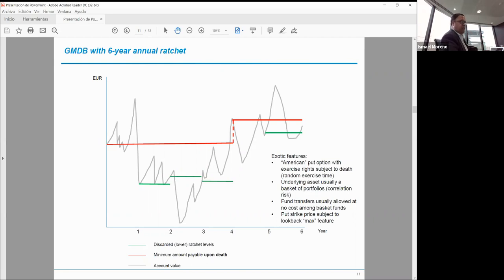So that's better. It is a more protective policy, better for the policyholder, obviously, and hence much more expensive as well. So the exoticity here is that the strike price is subject to a sort of maximum-of feature every year.